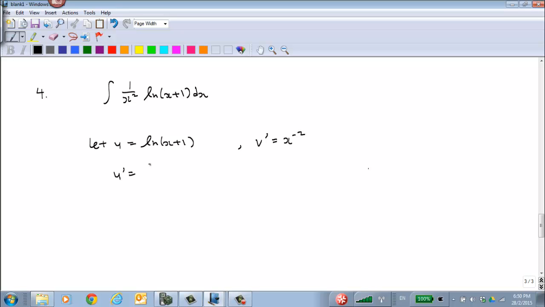So u prime will be 1 over x plus 1, my v will be minus 1 over x. So doing integration by parts, we will have uv minus the integral of u prime v.